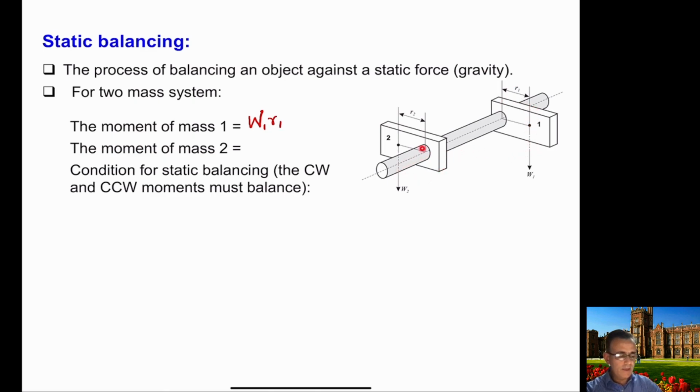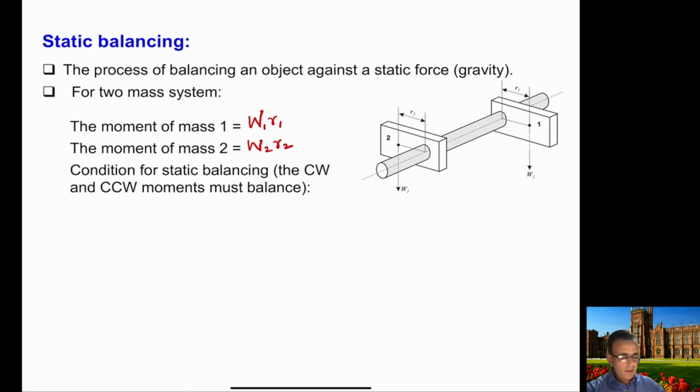And for this mass, the force is W2, which is the weight, and the perpendicular distance is R2 here. So the moment of mass 2 is W2 R2.